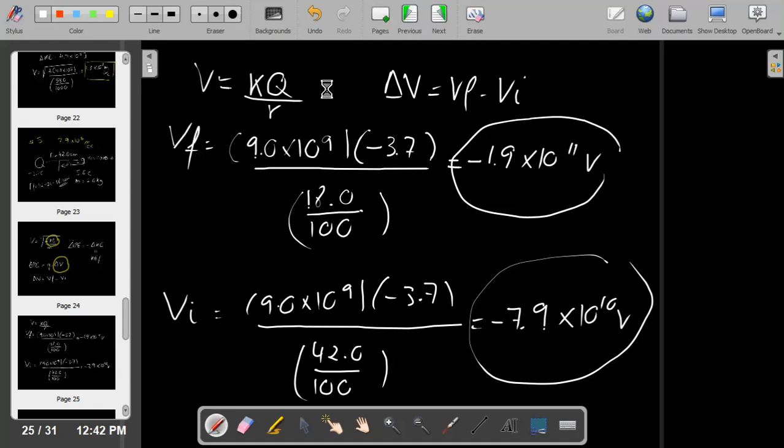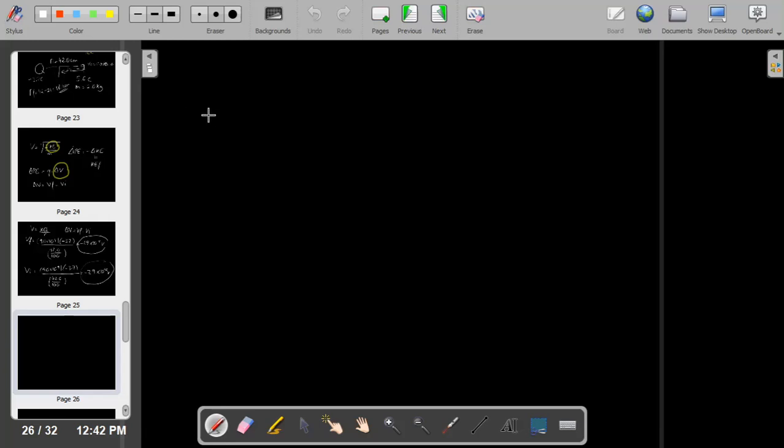Let's do another page, and you should find, actually I didn't do it separately. Yeah, I did separately here. So this number is negative 1.1 times 10 to the 11 volts. Did both separately and together. Okay, so that's your change in electrical potential.